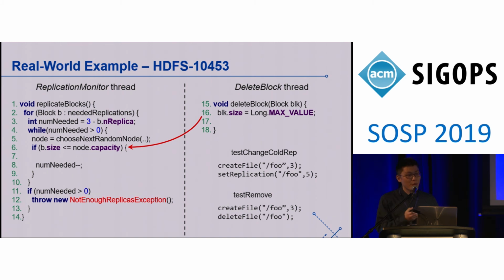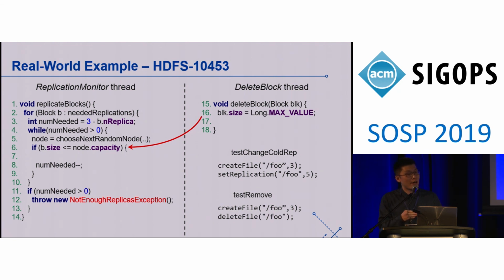Yes. So thank you. The question is, when we do dynamic slicing, for example, in this case, if you start with that not enough replica exception, and the decrementation of number of needed at length 8 is never executed, then this inner loop is actually not on the dynamic slice. The way that we handle this case is that first we found that there is a unit test change code wrap that exercises this replication monitor thread.